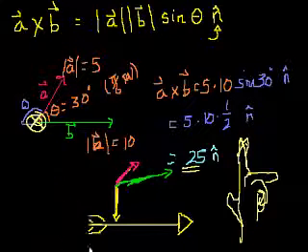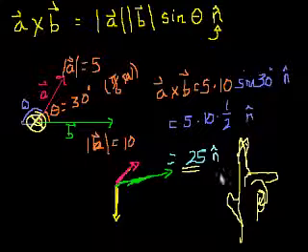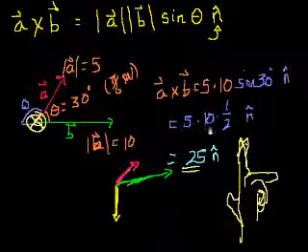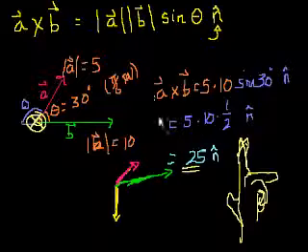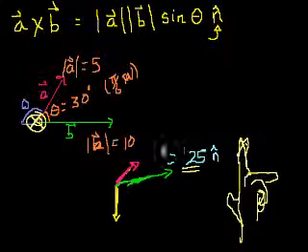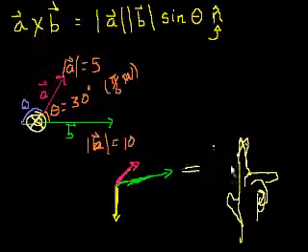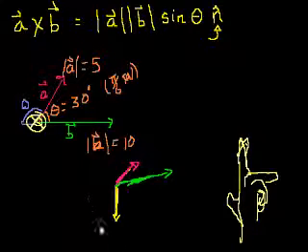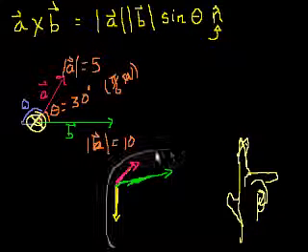Actually, I'm going to keep that. Actually, I can erase this, I think. Okay, so the things I have drawn here, this was A cross B. Let me cordon it off so that you don't get confused.